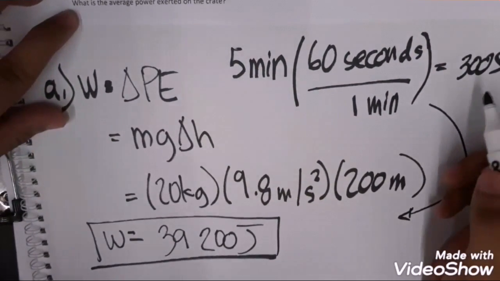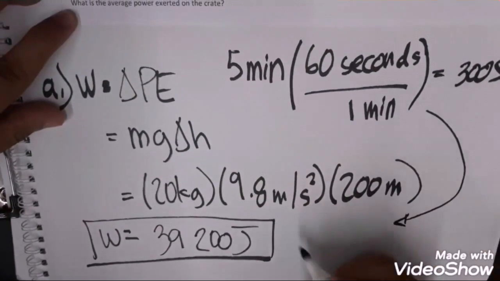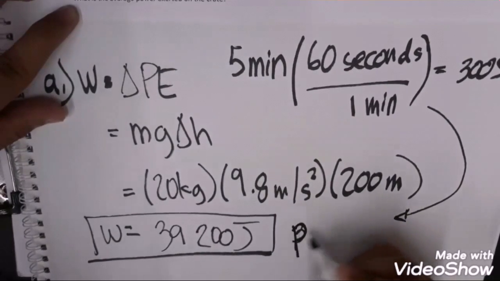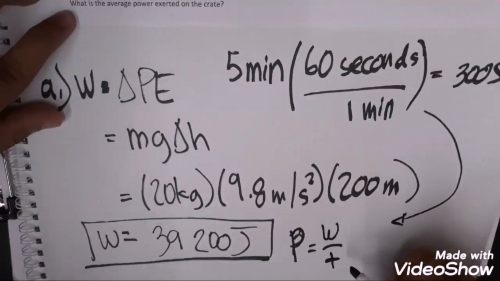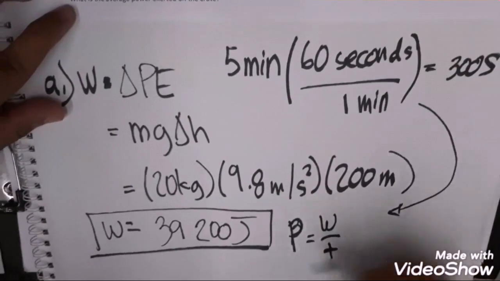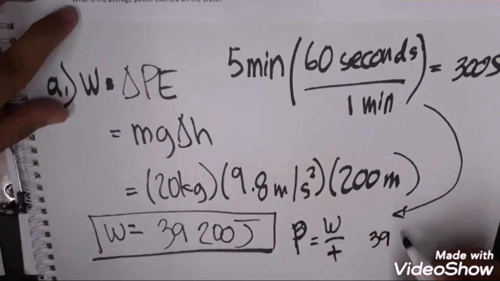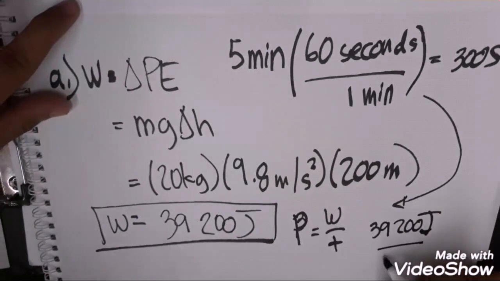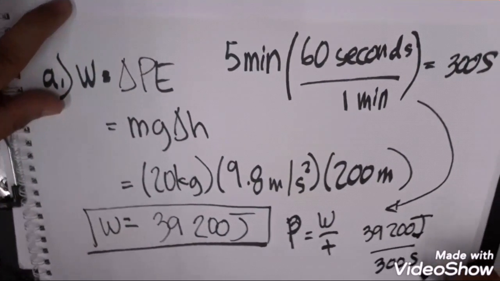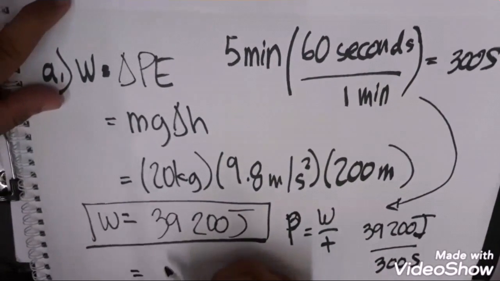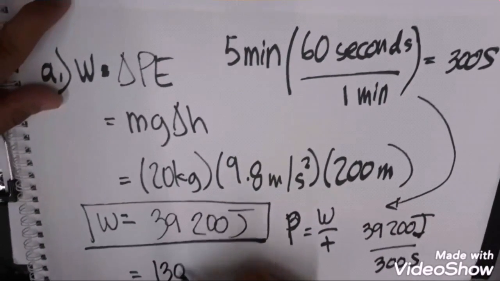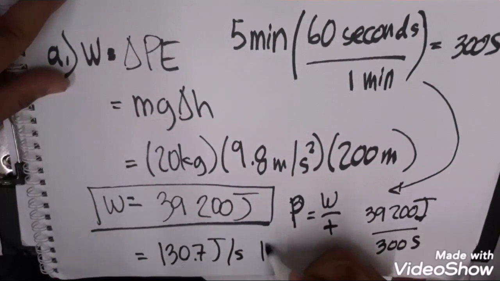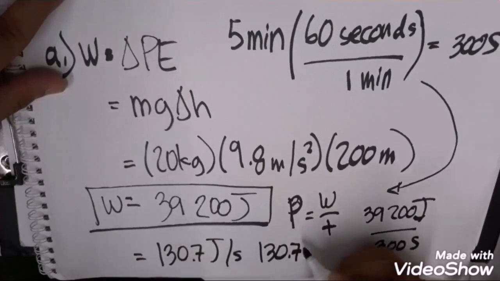After getting the time into seconds, we can then get the power, which is work over time. Now, let's just substitute the work, which is 39,200 joules, and the time, which is 300 seconds, which will give us an answer of 130.7 joules per second, or 130.7 watts.